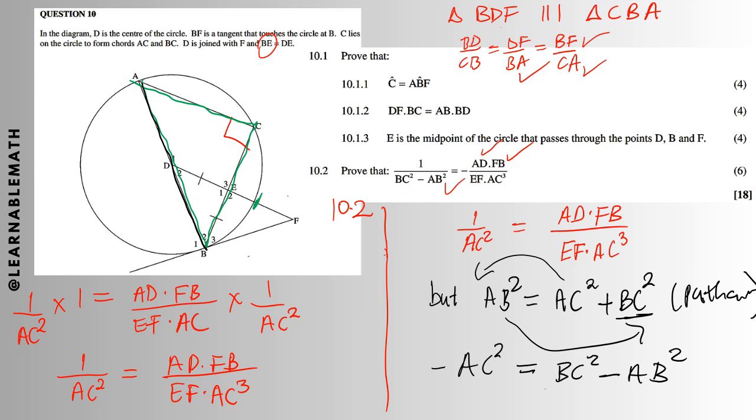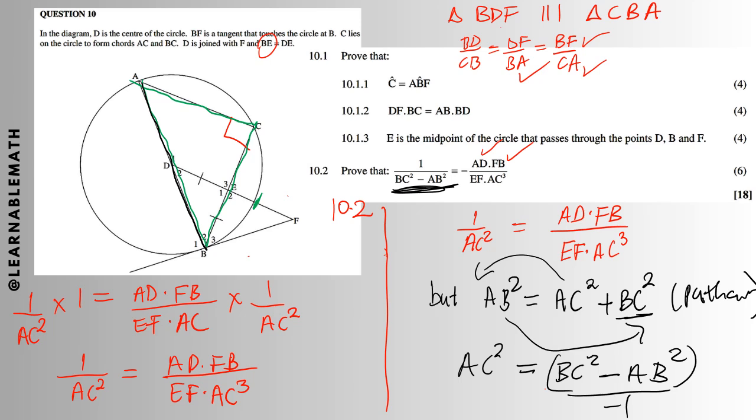It's BC squared minus AB squared, which is part of what we have to prove there, right? So it means that my AC is negative. I can just divide both sides by negative. Can you see? So something like that, or you keep it as negative AC squared, but for the sake of it being AC, we divide by -1.